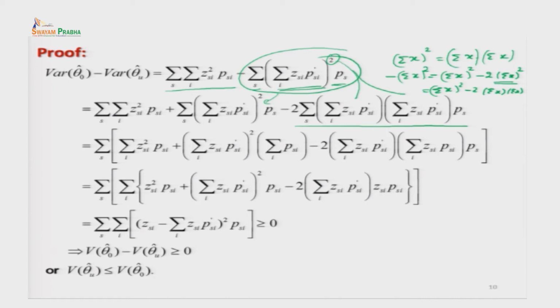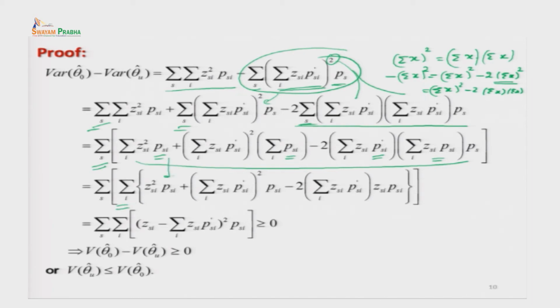Now I am trying to take this summation over s outside the bracket. It is here, it is here, it is here. So now the remaining quantity is here, right. And here you have psi, here you have psi, here you have psi transpose, and here you have the summation like this. Now I simply simplify it and take this summation over i outside.